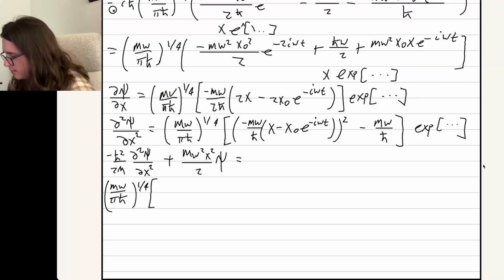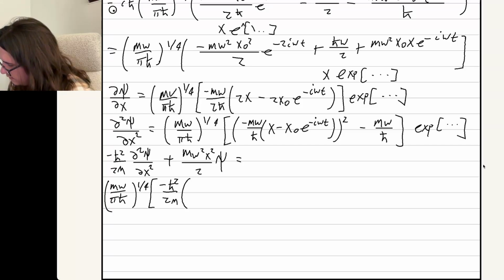And then we have minus h bar squared over 2m times all this, so minus m omega over h bar x minus x naught e to the minus i omega t.